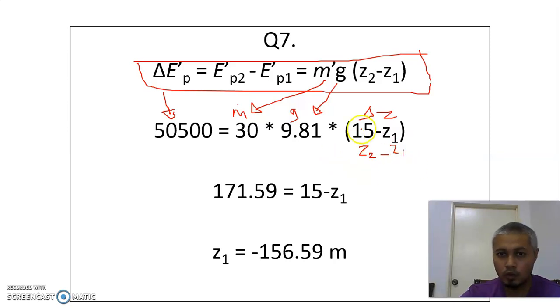So how to find Z1? We just solve this equation, then finally we will get Z1 equals minus 156.59. This minus sign shows that it is below ground level.